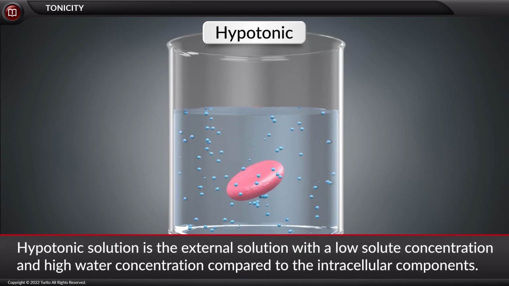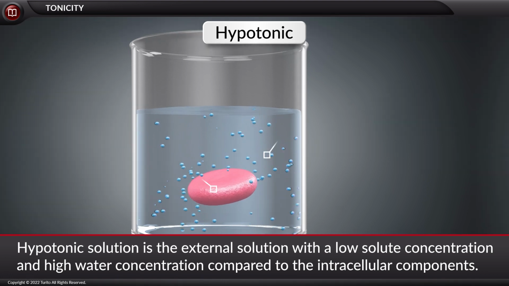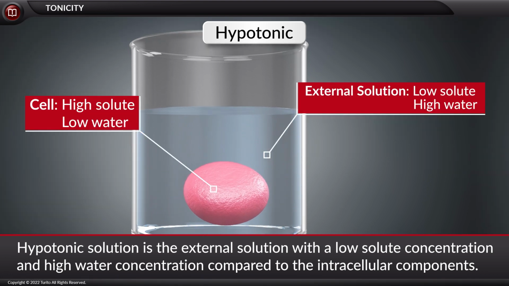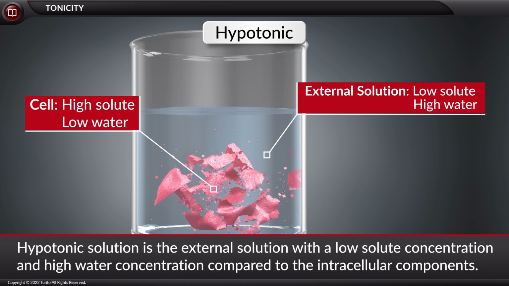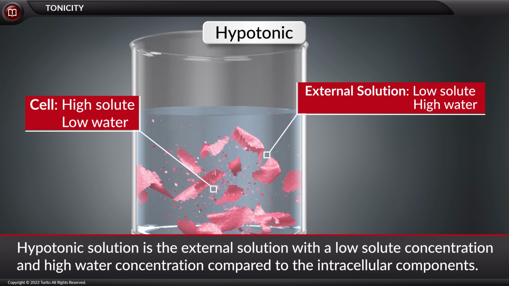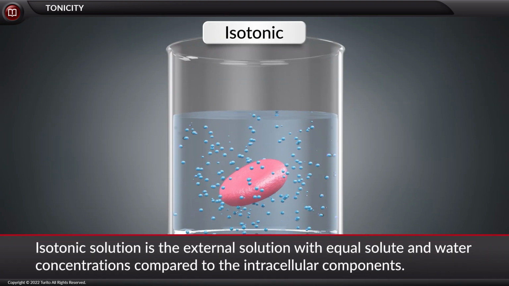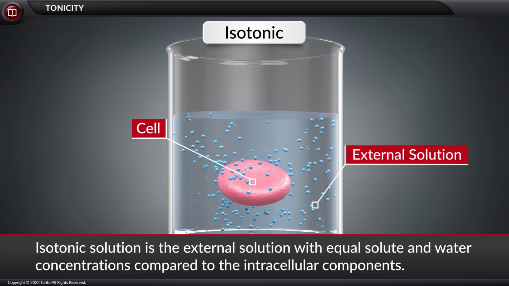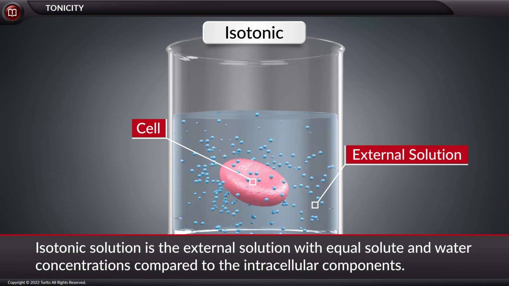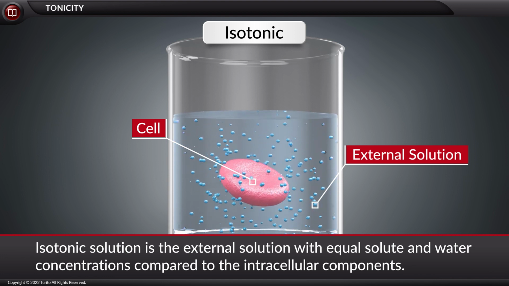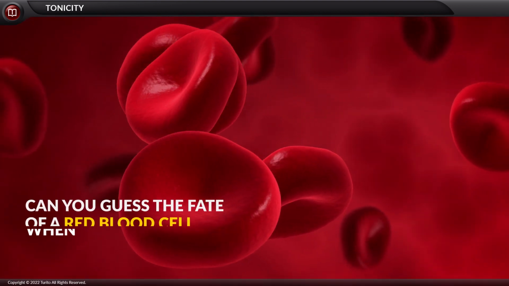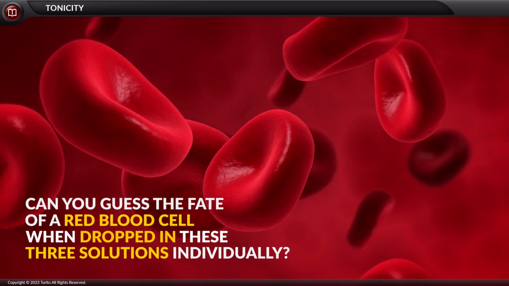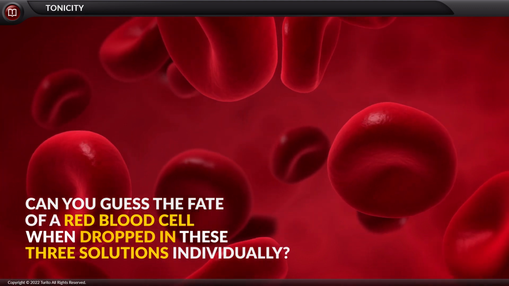A hypotonic solution is any external solution with a low solute concentration and high water concentration compared to the intracellular components. An isotonic solution is any external solution with equal solute and water concentrations compared to the intracellular components. Can you guess the fate of a red blood cell when dropped in these three solutions individually?